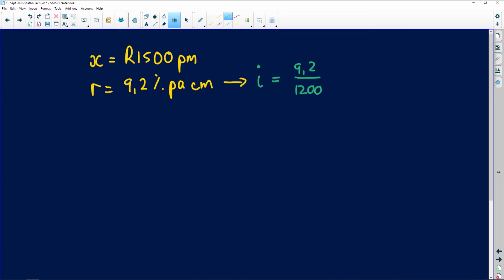If I divide that by 1,200, I get 0.0076, and the sixes recur, folks. So that i I am ready to use. I like doing this in financial maths, getting rid of the ugly fractions so that I do not trip over the fraction. Most of your mistakes in financial maths come with your calculator, where you have fractions and you forget about brackets. We do simple things. So let's try and simplify it right from the beginning.